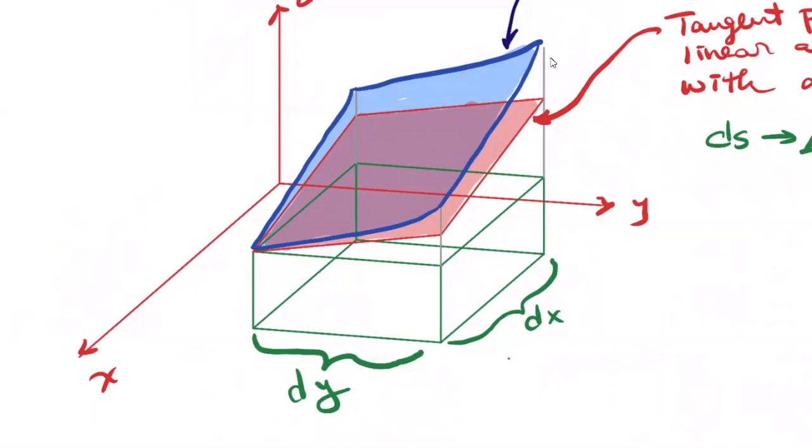Okay, so we're looking at the rise on the tangent plane, but only allowing y to vary. So the rise is fy dy. But then if x varies, that'll be another rise.